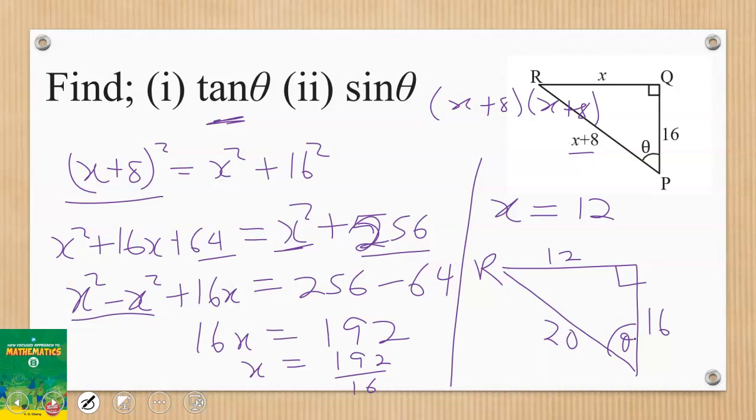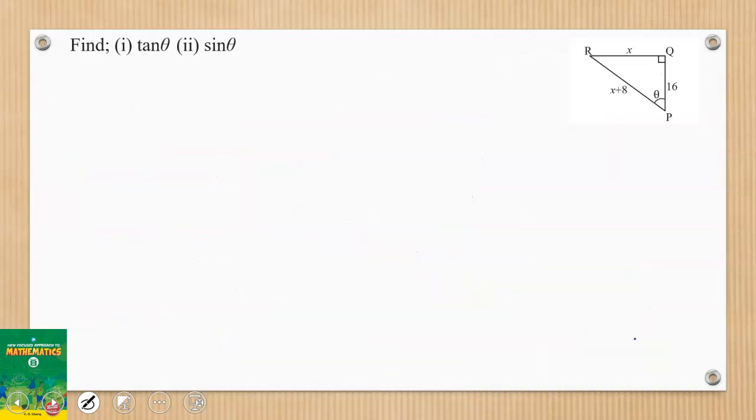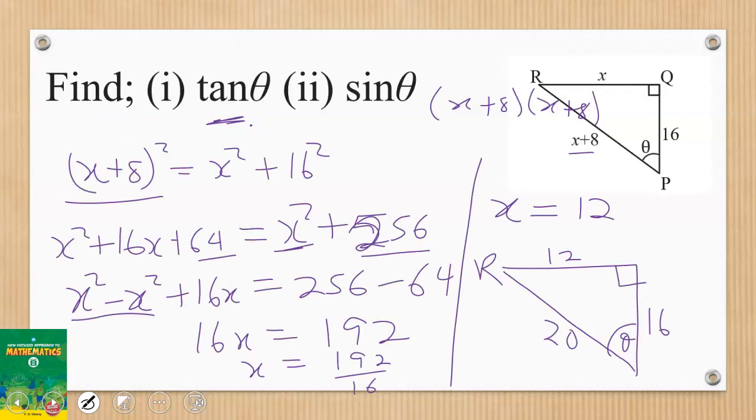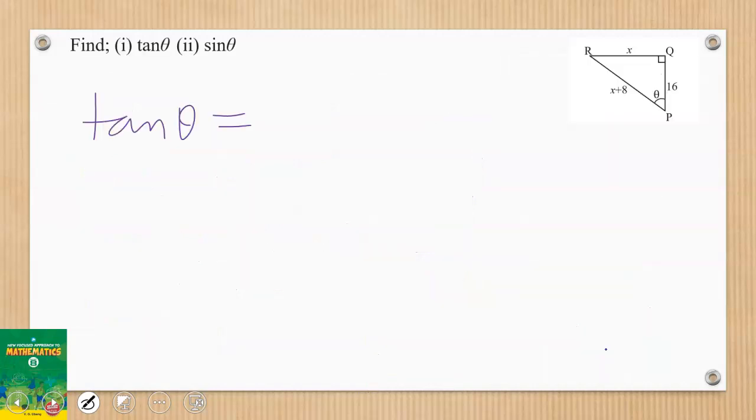So tan theta will be equal to our opposite, which is the opposite of this angle, which is 12, over adjacent 16. When you reduce this to the lowest form, we can have 4 dividing 12 as 3 and 4 dividing 16 as 4, and that becomes our answer.